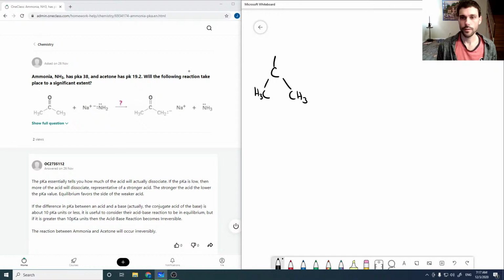They've got the structure drawn, but I'm probably going to convert it into something a little bit more readily written out.